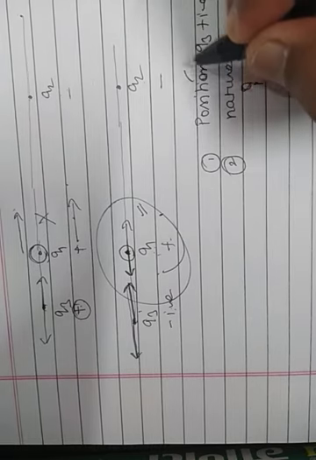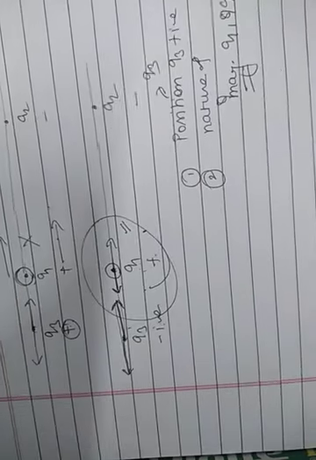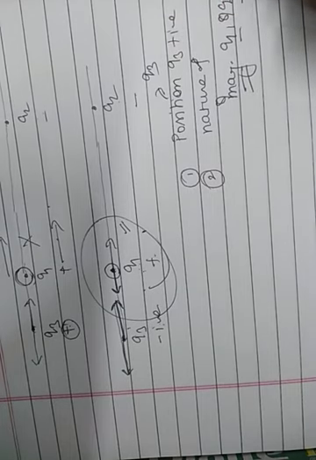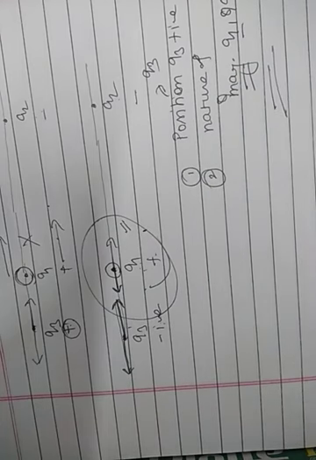Here you will consider equilibrium of Q3 for position, but to find nature and magnitude, consider equilibrium of Q1 and Q2. So in this way you can solve the questions. I will give you a few questions for practice. Just solve them, and if you have any doubt, we will discuss it.